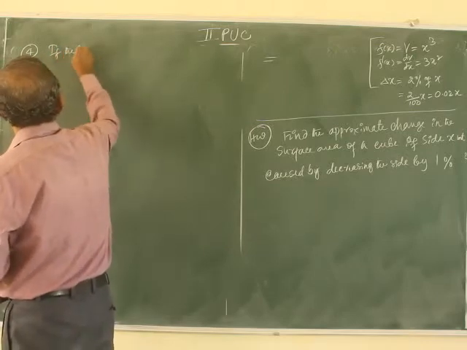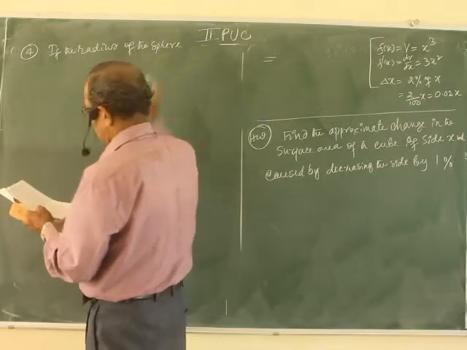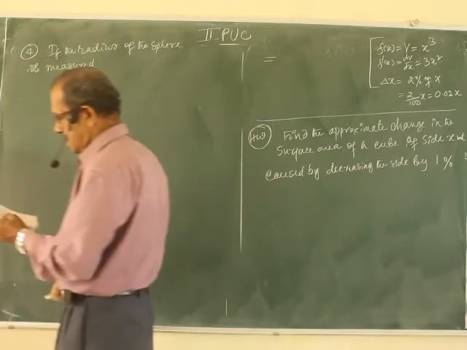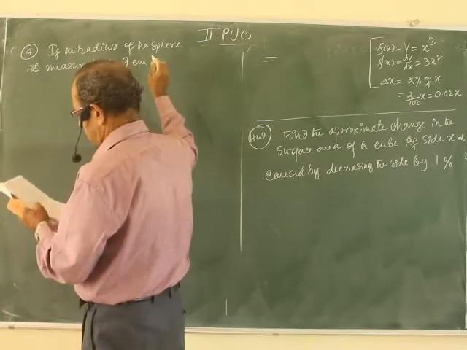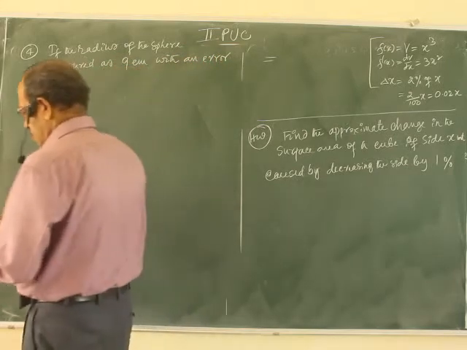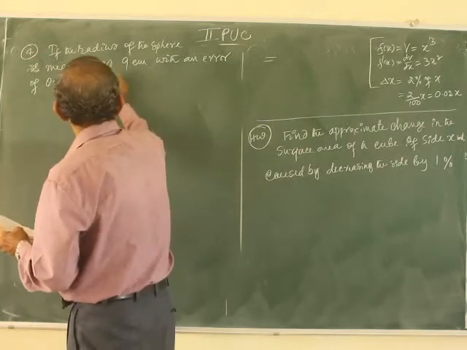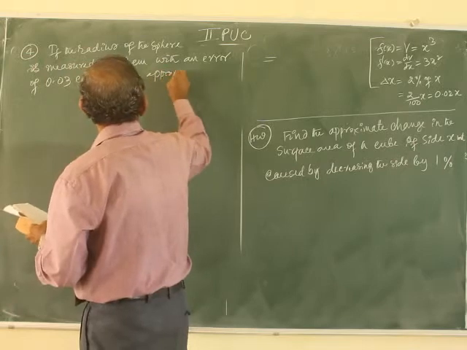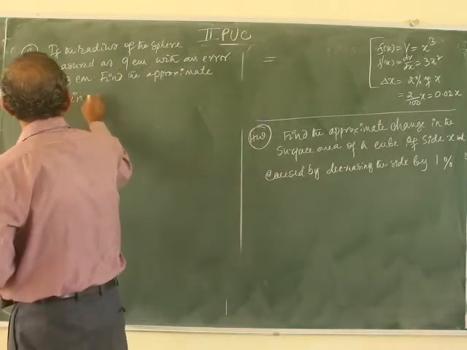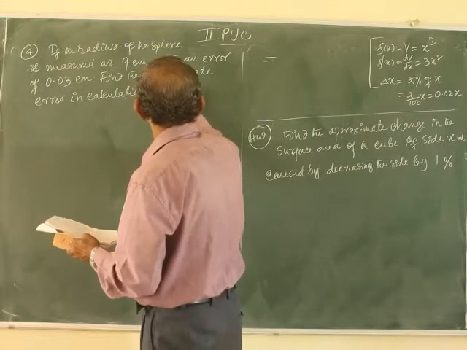If the radius of the sphere is measured as 9 centimeter with an error of 0.03 centimeter, find the approximate error in calculating its volume. Okay.